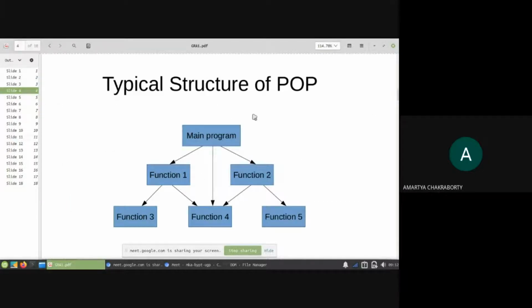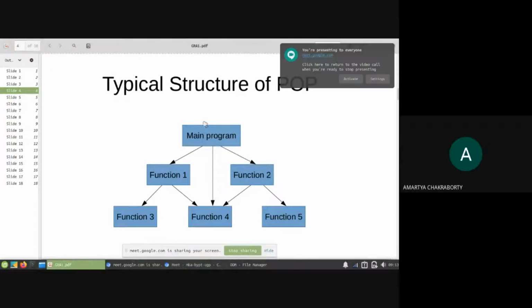We have already seen this sort of a structure, we hope. Could you just type in the chat box where we have seen this sort of a structure? In what kind of programming language have we found a main program which calls another function, which may call another function, or the main program may call function 4, and this goes on. There is a flow chart which starts with the main program. Can you name the programming language where we follow this sort of flow chart?